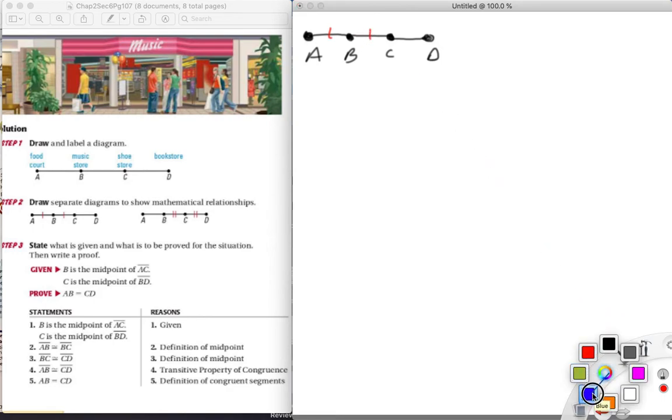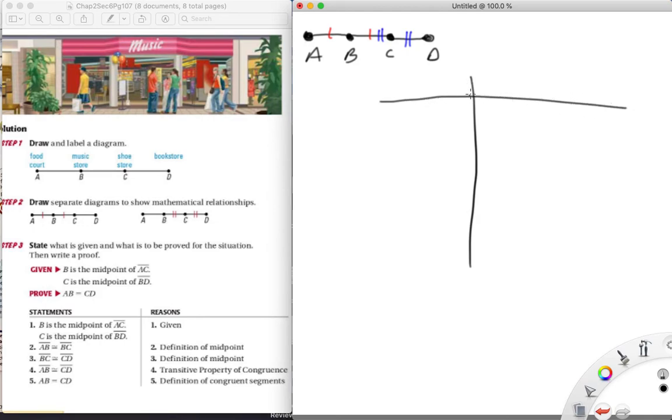We're also told that C is the midpoint of BD. So this guy is congruent to this guy. Notice that there's overlap. And because we have this overlap, we're going to use that to solve our problem, or set up our proof, or finish our proof.